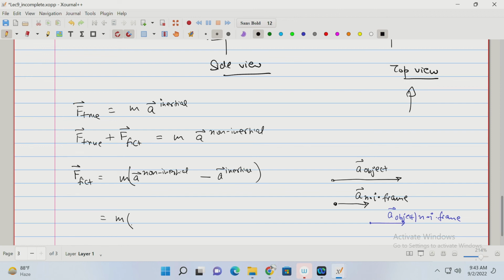So the non-inertial frame measures an acceleration, that's the blue one, and the inertial frame measures the true acceleration of the object.